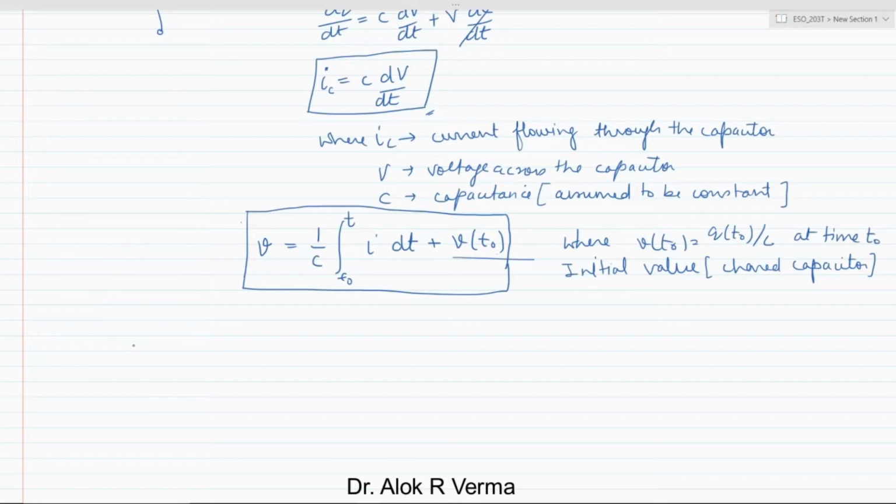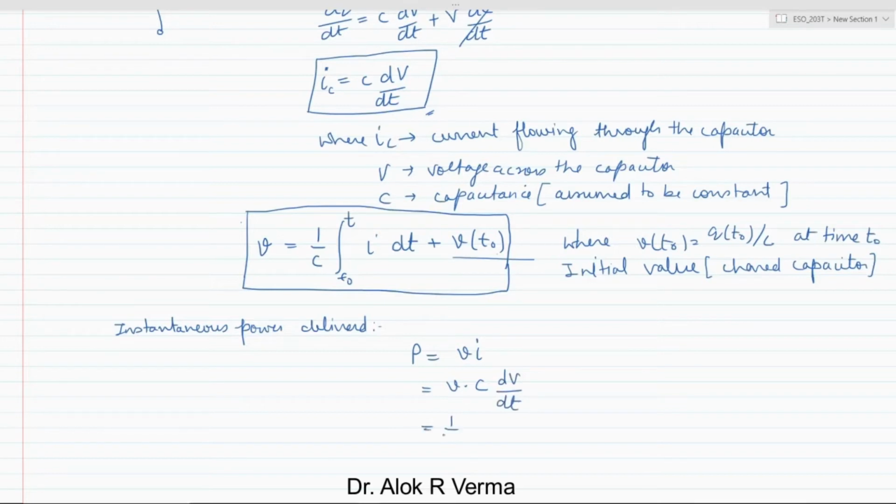So suppose we want to have the instantaneous power delivered. Now if we write the expression for instantaneous power delivered, the instantaneous power P is V into I, and we can replace I with C dV by dt.